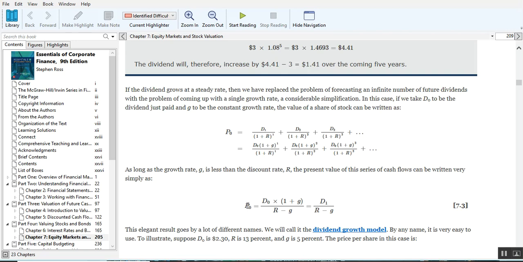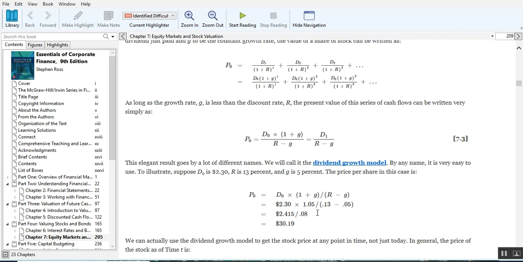So in other words, the price of the share is simply the dividend in year 1, which is what this calculation does, divided by the required rate of return minus the growth rate. This is also called the dividend growth model, but it's easy to use and it's fairly straightforward.